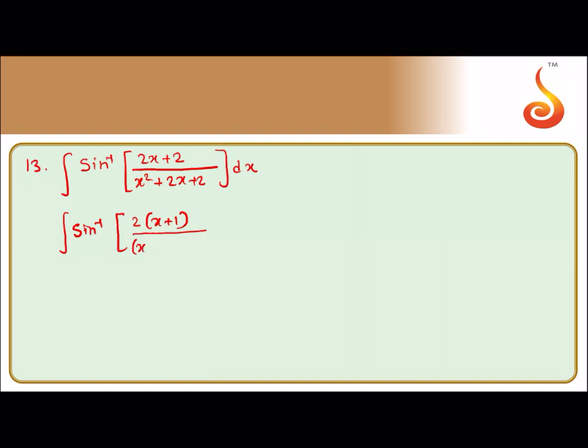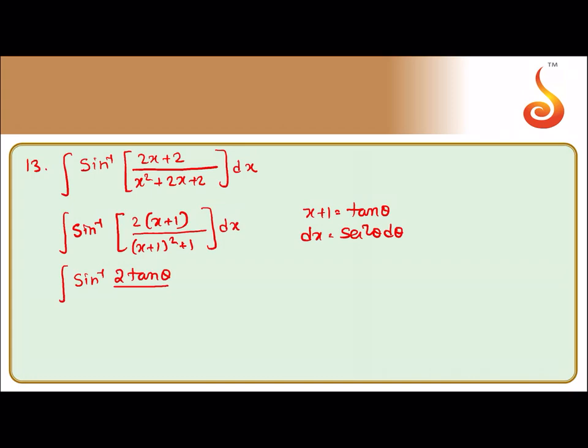So if you observe this one, sine inverse of 2 times (x plus 1), and the denominator is (x plus 1) whole square plus 1, dx. So x plus 1 is equal to tan theta, dx is equal to secant square theta d theta.